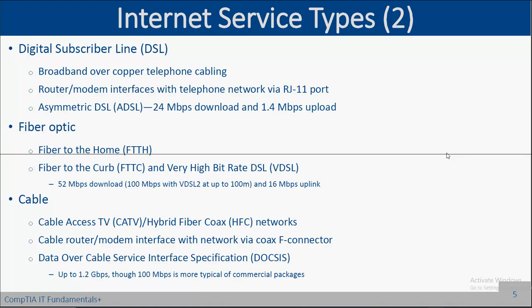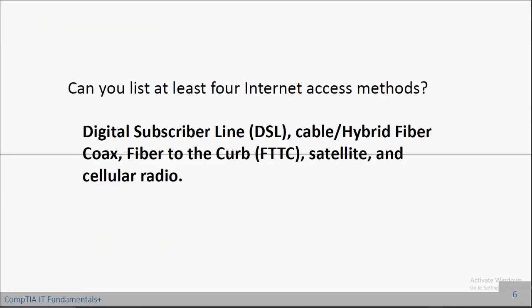Data over Cable Service Interface Specification, what is called DOCSIS. A lot of technical terminology that at this point you don't actually need to understand or worry about. None of that technical stuff is going to be in the IT Fundamentals exams anyways.